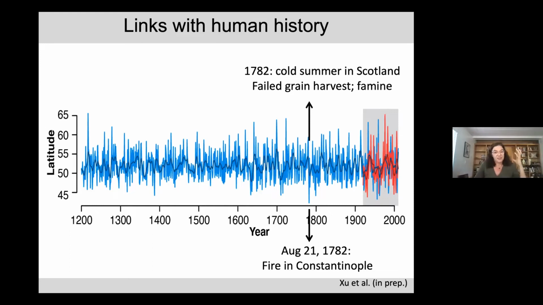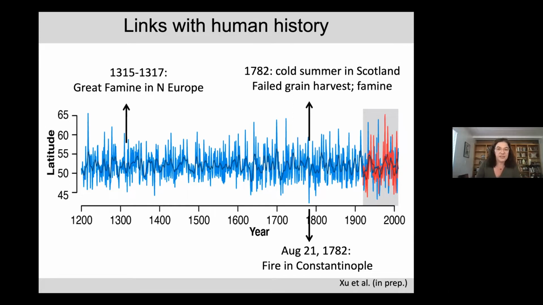On the other end of the dipole, in 1782, there were very dry, very hot conditions, and this is the year that the big fire in Constantinople, in Istanbul, happened. So that's a good historical example of what such a dipole can cause.